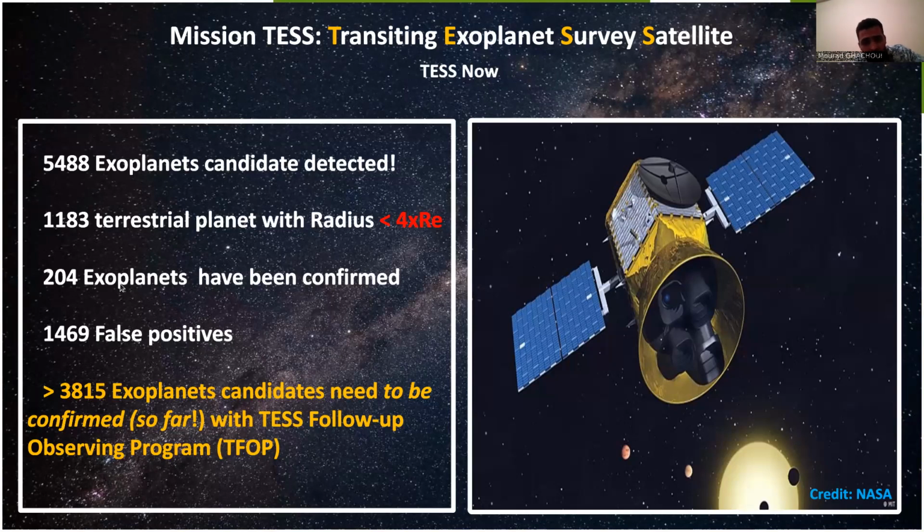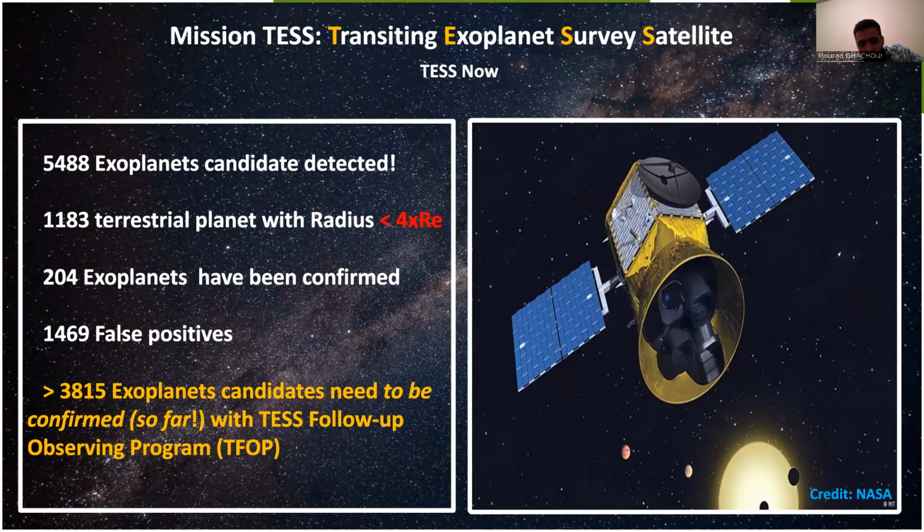And today we have about 204 exoplanets that have been confirmed, and 1,469 false positives that have been identified. And we still have more than 3,800 exoplanet candidates that need to be confirmed.